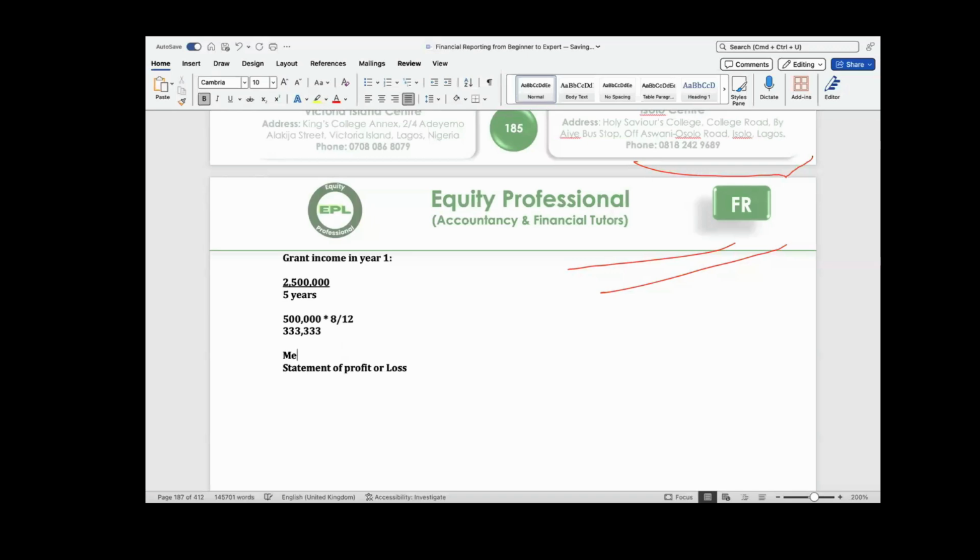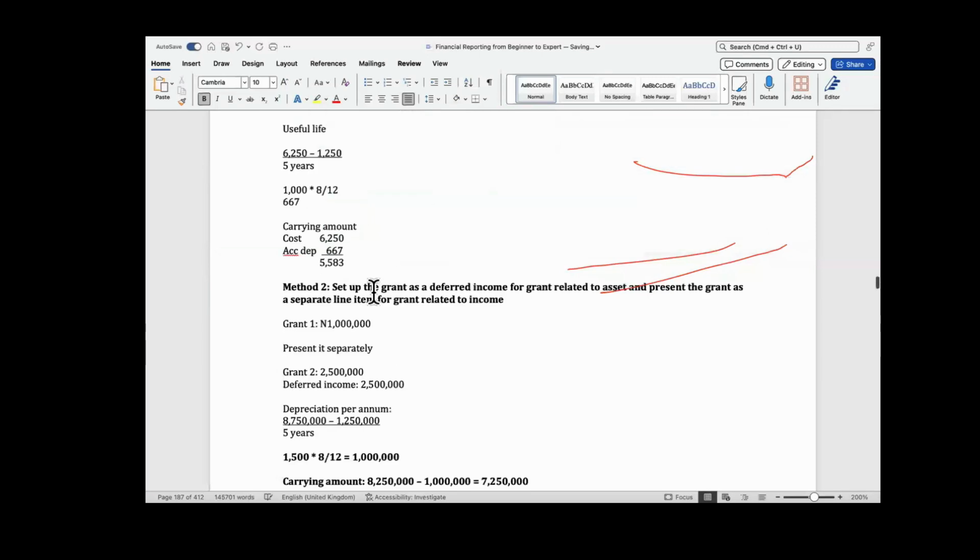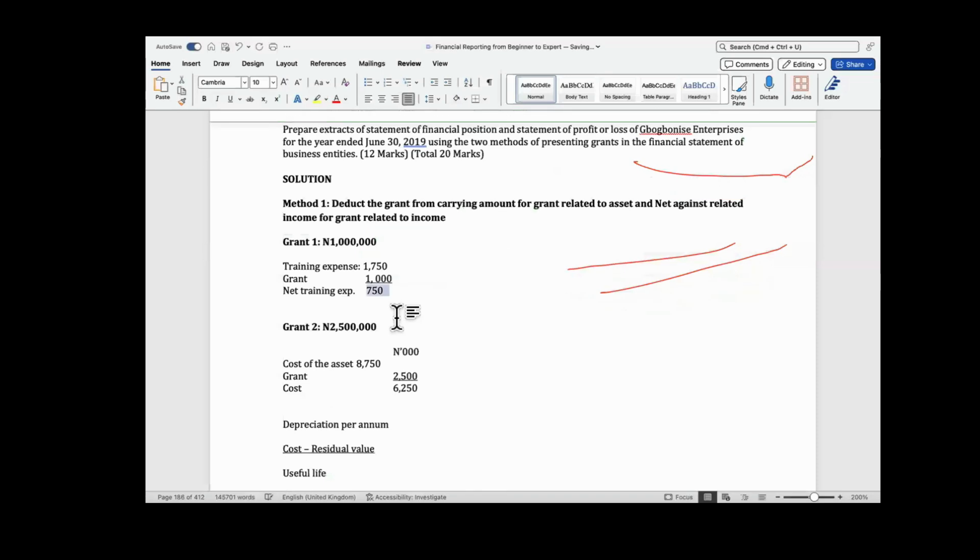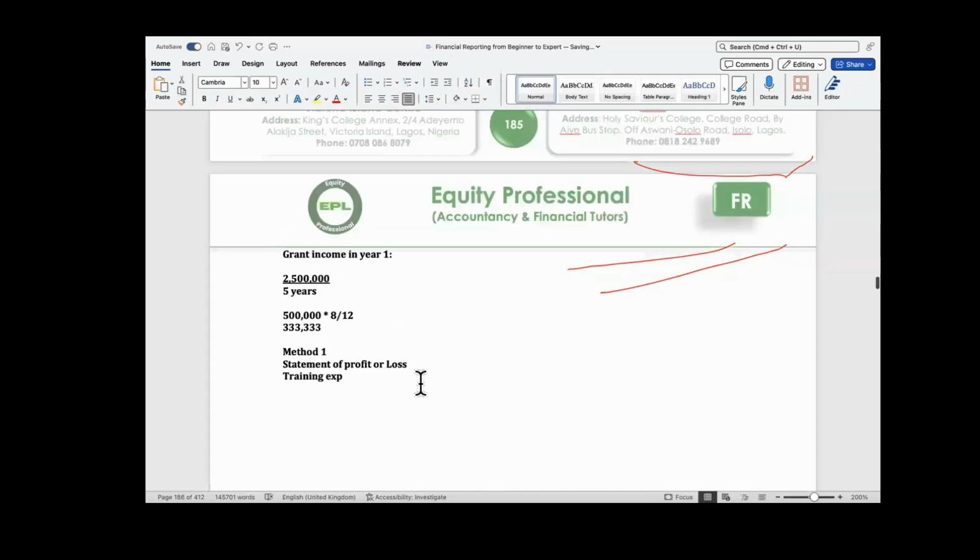So my statement of profit or loss. The examiner wants you to use the 2 methods to present. For method 1, my training expense would be, where is the method 1? Would be this 750 from these workings here. If you had labeled the workings, we just refer to it.